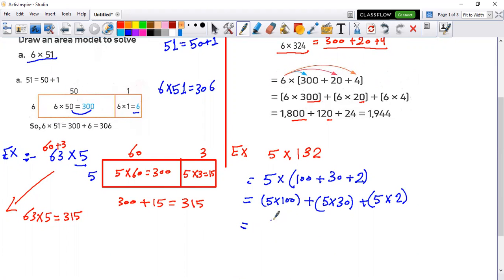The result of the first part, 5 times 100 equals 500. 5 times 30 equals, put the 0, 5 times 3 equals 15. Third part, 2 times 5 equals 10. By adding, the result is 660.